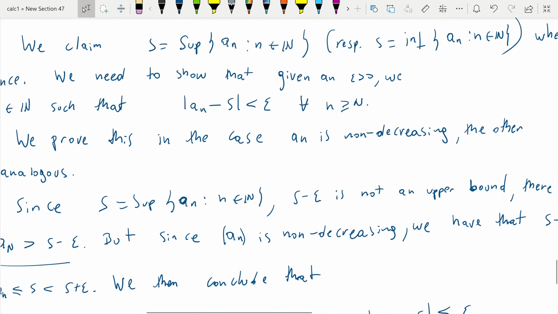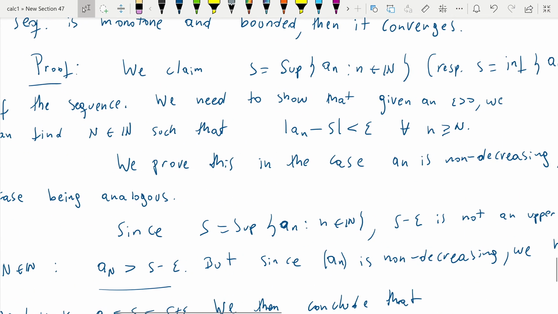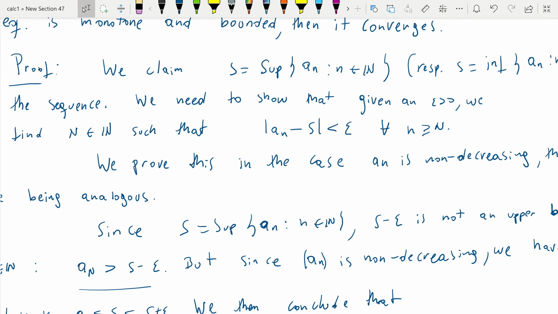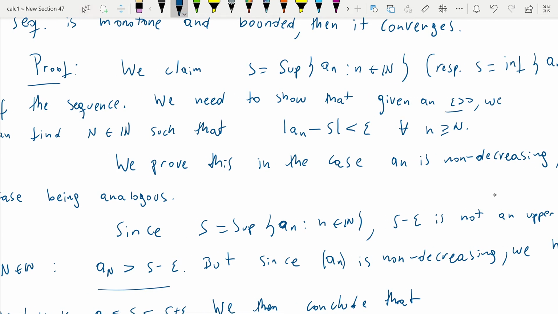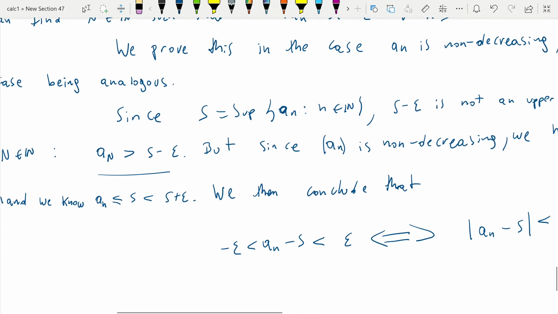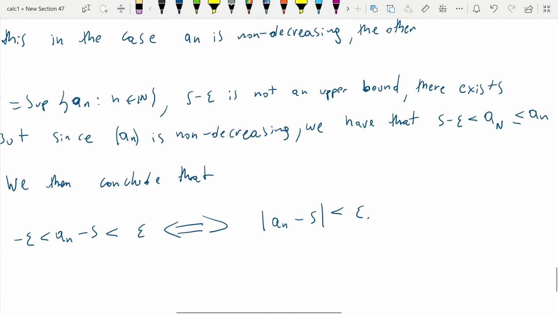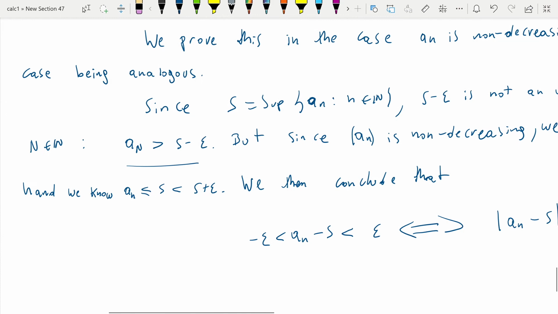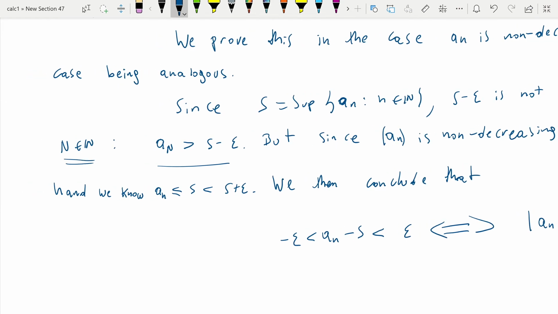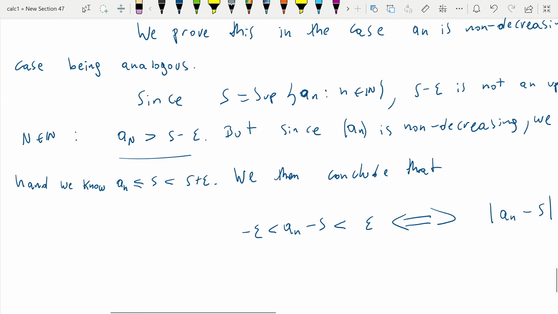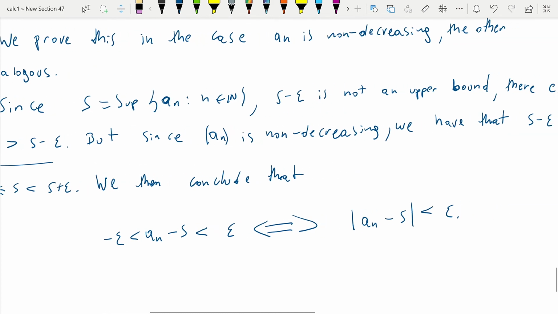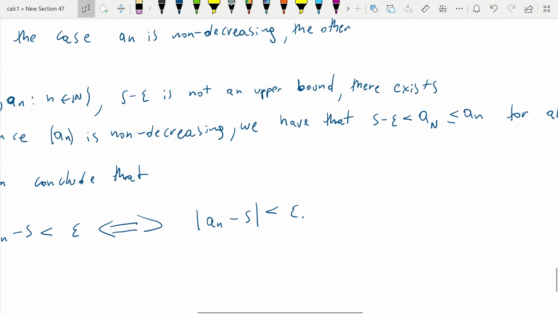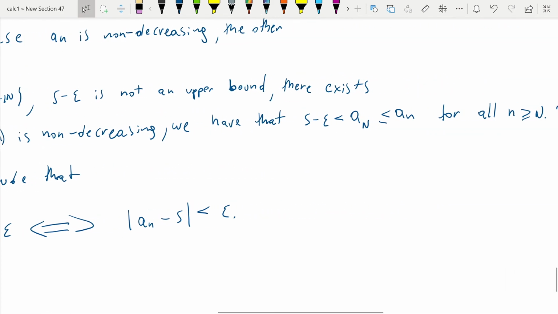Let's recap a little bit. We gave ourselves an arbitrary epsilon greater than 0. And we found a capital N over here, such that for all n greater than or equal to that N, a_n was greater than s minus epsilon.